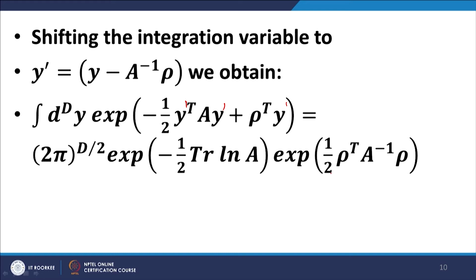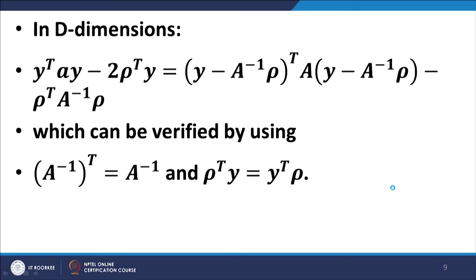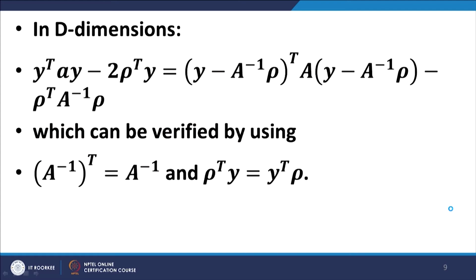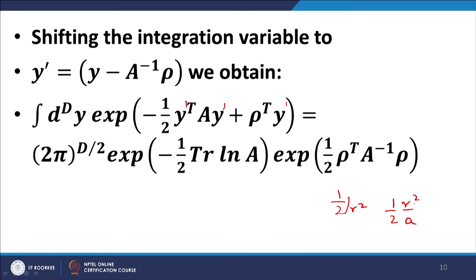If you look at this, this correlates to what we had done earlier. What was there in the one dimensional case? I am sorry, it was 1 by 2 r square upon a, and that is precisely what is matching here. We can have a look at that to confirm. 1 by 2 a r square, precisely what I have written here, 1 by 2 a.